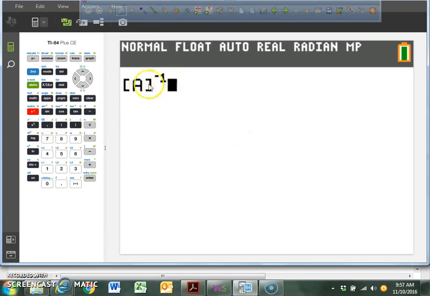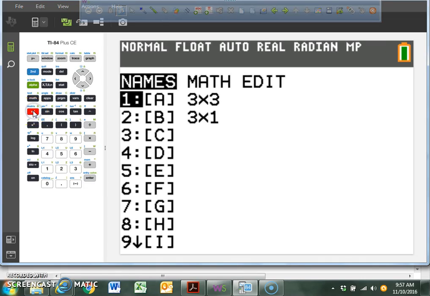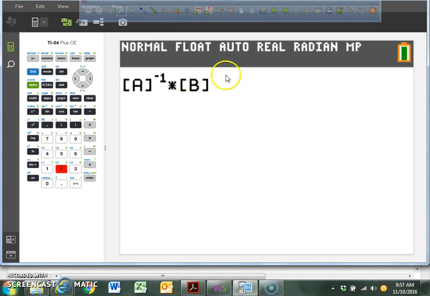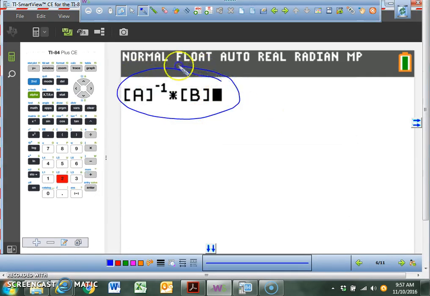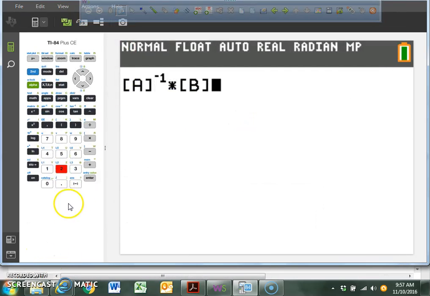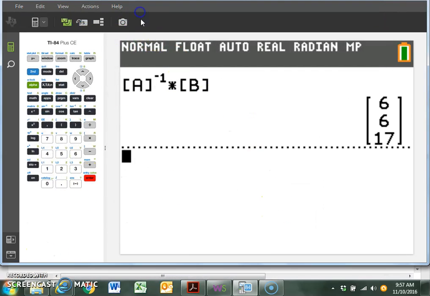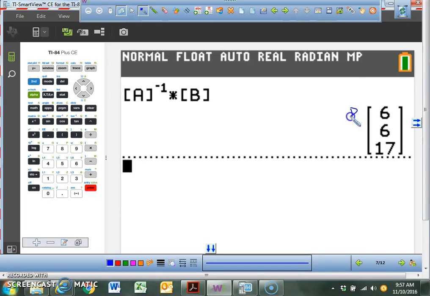That means the inverse of A times second matrix number 2, B. Understand, everybody, this is what you need to have in your calculator for it to work. By the way, Ryan, this is equal to X. Press Enter. This is your D value. This is your E value. This is your value for F.